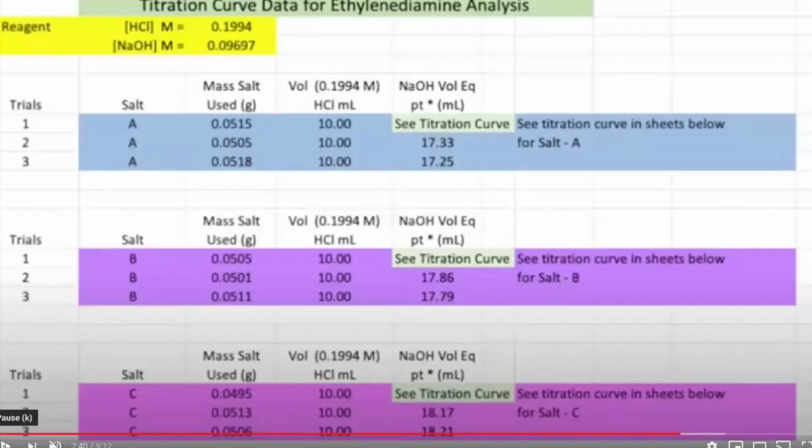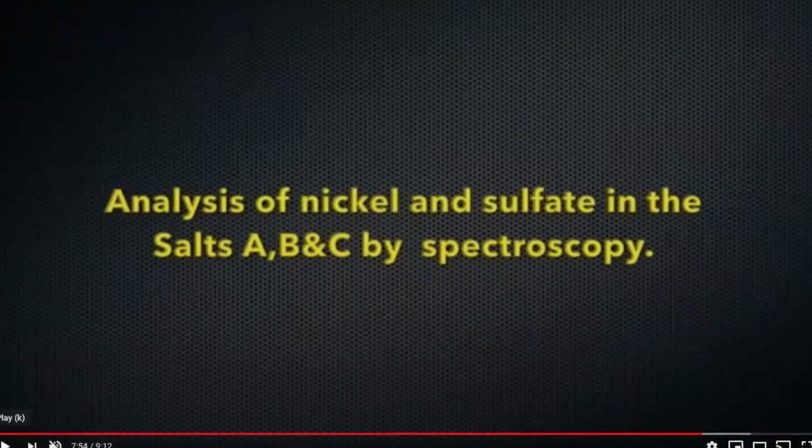Let me pause that. Okay, so this is salt A. This is the mass that I weighed out for the analysis. It's still going. I thought I paused it.